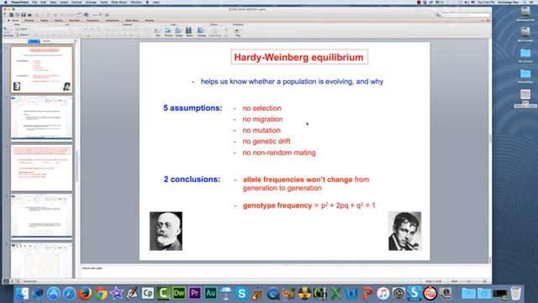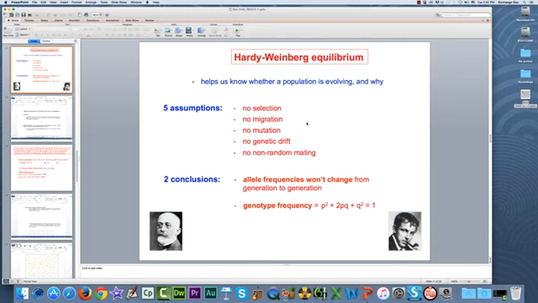The 5 assumptions here are several of the things that we've already talked about. Selection, we can consider, at least in this part of our class, as meaning natural selection. Migration, mutation, genetic drift, we just talked about. By the way, migration is a synonym for gene flow, the physical movement of individuals with their alleles among populations. The only thing we didn't talk about is the non-random mating, and we'll be talking about that in a nearby class meeting.